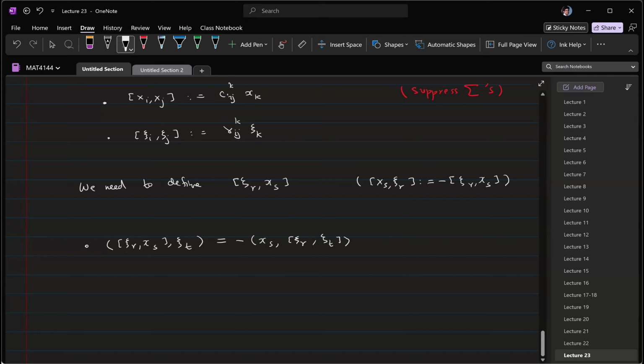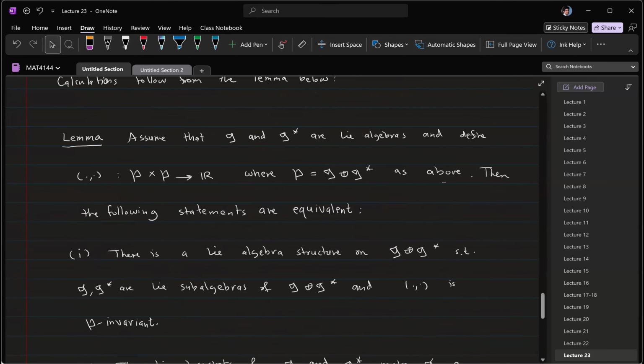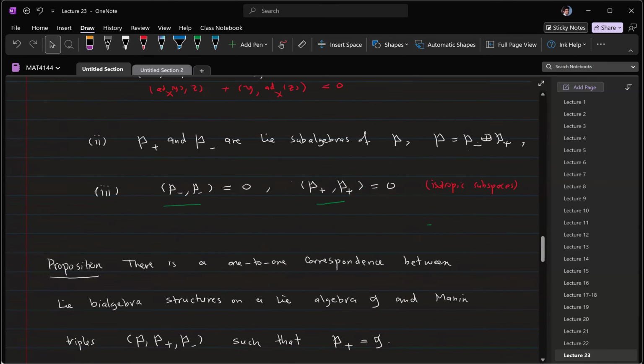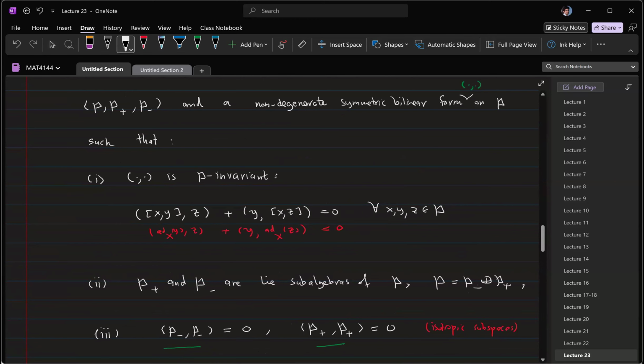Right? This is the invariance property, which I had up here, with X being chosen as this C sub R.